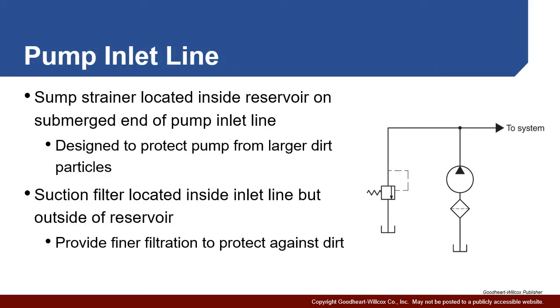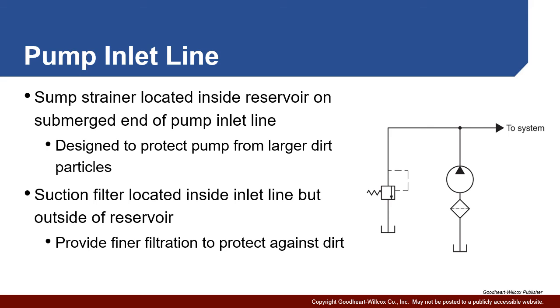So at the inlet line, we're generally going to have a strainer. This is referred to as a sump strainer, and it's usually attached right to the end of the inlet line, and it's going to be submerged in the hydraulic oil. The whole idea of the strainer is to protect our system from any large contaminants. This could be dirt that's in there.